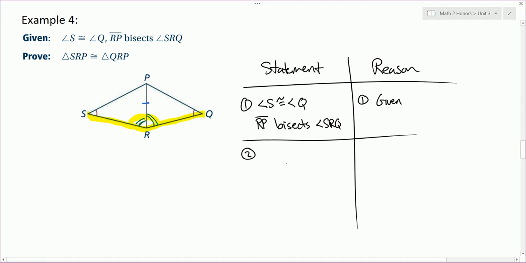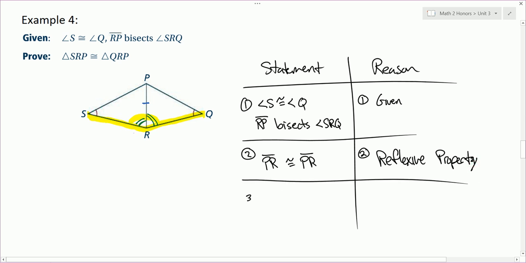So let's write that down. So we said that PR is congruent to itself. It's a shared side. And whenever you say something's congruent to itself, the reason we're using is the reflexive property. And then we also said that angle SRP is congruent to angle QRP.